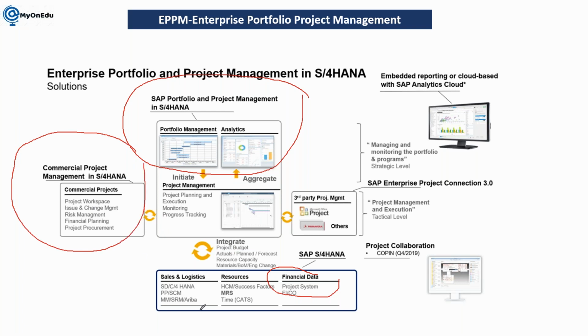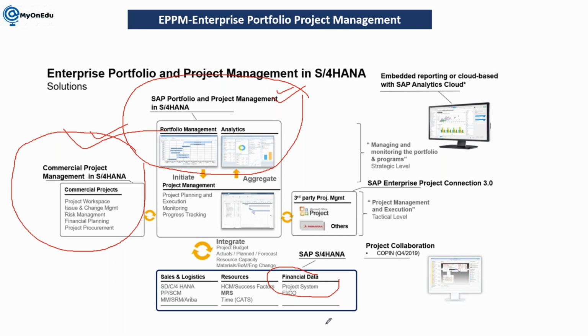So all these modules were different, and after S4HANA was introduced, they became part of EPPM, Enterprise Portfolio and Project Management. Initially, till 1709, these modules came under a separate license, PPM and CPM. But after 1709, everything is part of the same S4HANA core system.